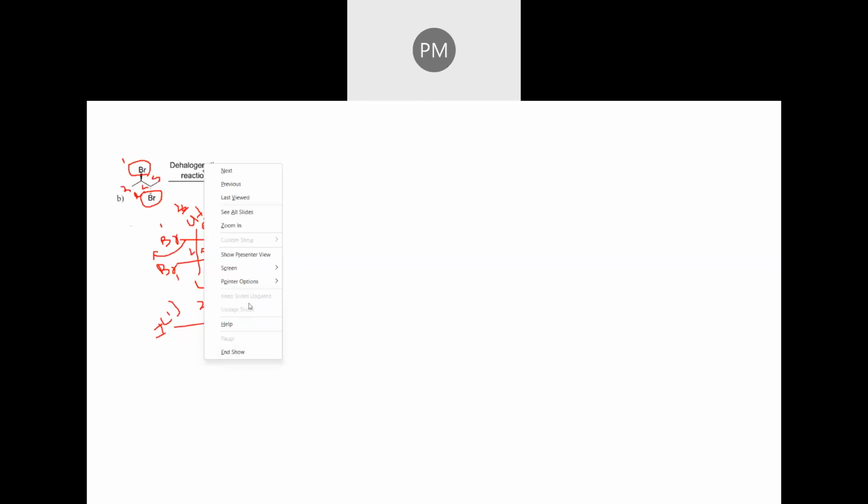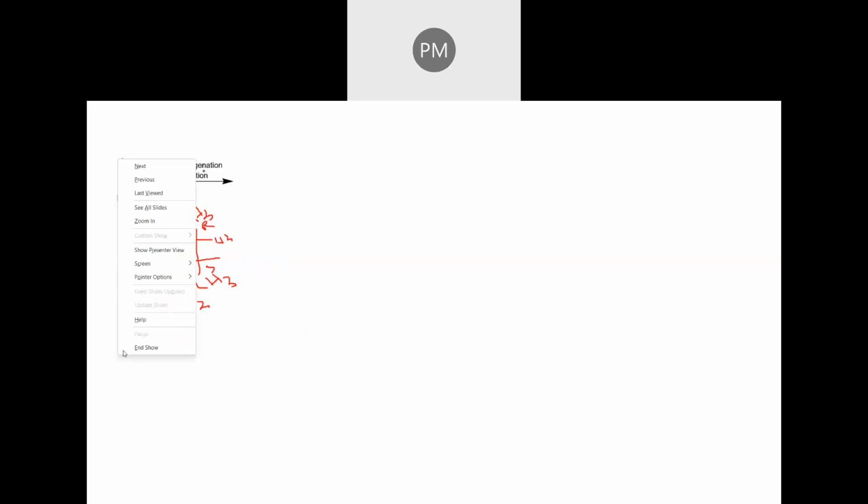Sorry, not like this way. Dehalogenation means where all the bromides should be removed.